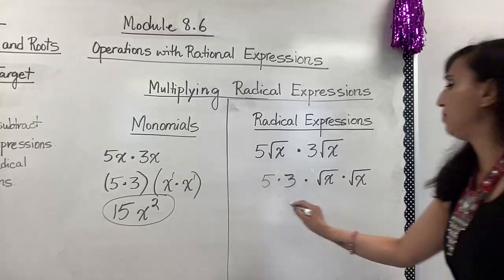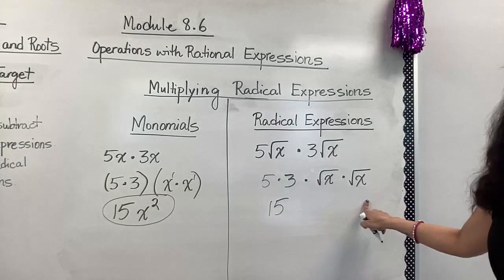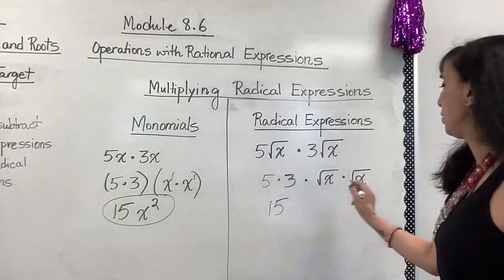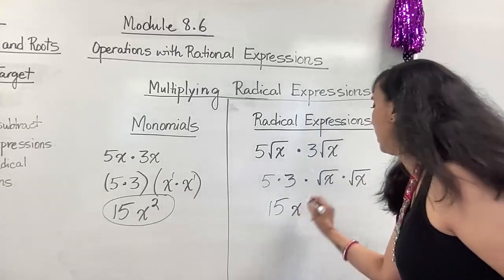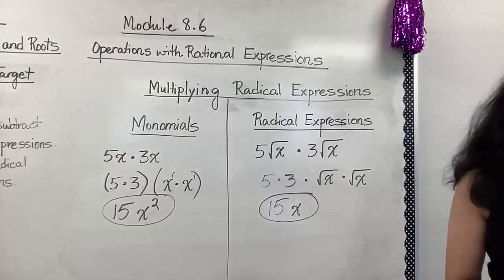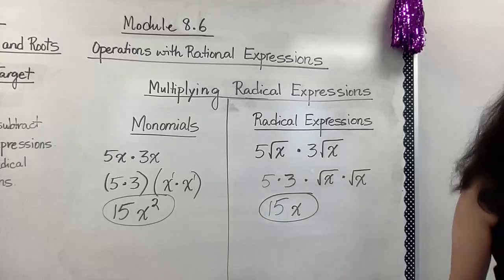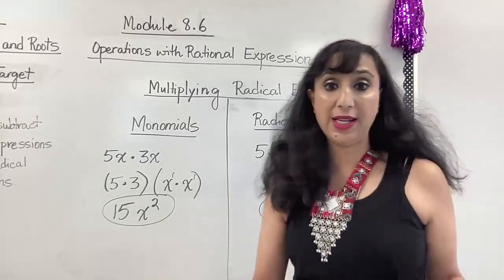And so that gives me 15, and 2 of these is going to give me x. All right, so root x times root x gives me x. So 15 root x is my answer. All right, now we can also multiply binomials. So let me show you how to do that.